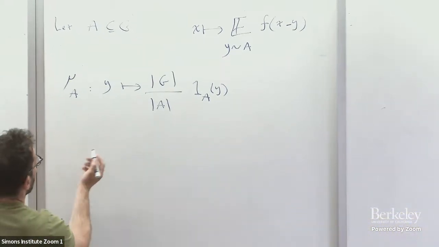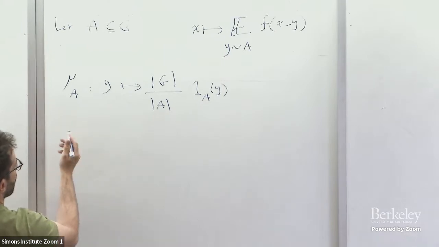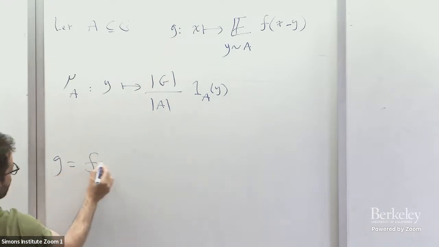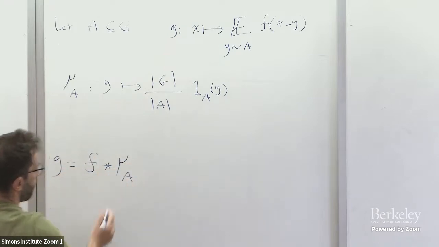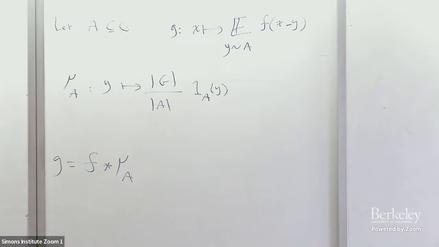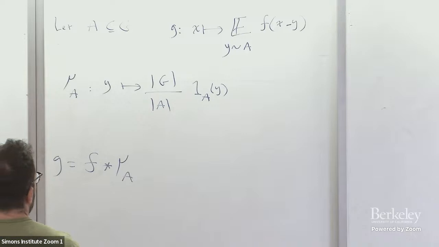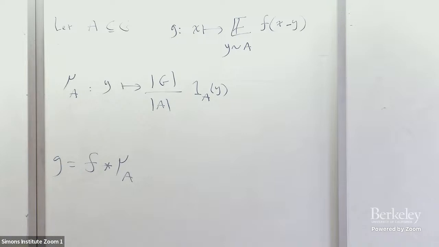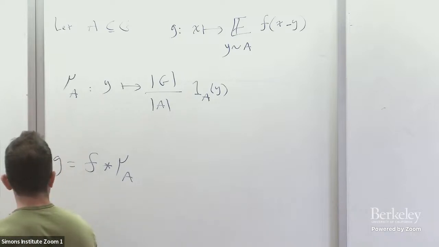With this notation, I can write this function g as f convolved with mu A. This is something one does a lot in additive combinatorics: when you want to average over another set, you define these measures and write it in this convolution form. That's one way it comes up in applications, at least for us.